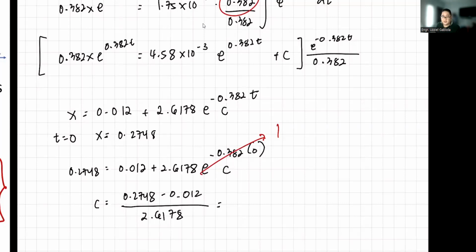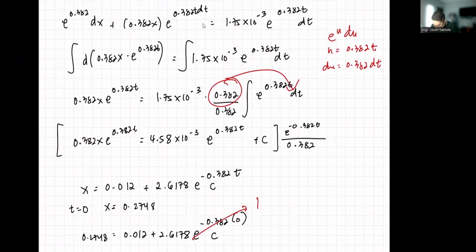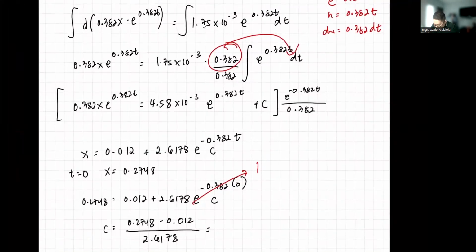Check ko lang yung aking mga sagot. Divided by 0.382. Minus answer, divide natin ng 2.617. Check natin. Baka may na dobleng divide ako.